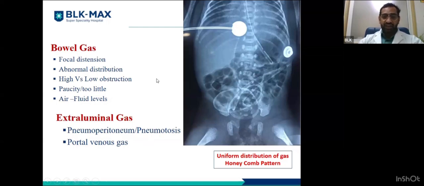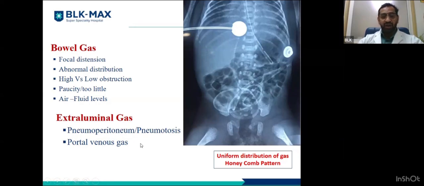Now, this is the gas pattern which is inside the intestine, but there can be gas which can be lying outside the intestine also. So obviously any gas which is outside the intestine is abnormal, and it can be in the form of hemoperitoneum.